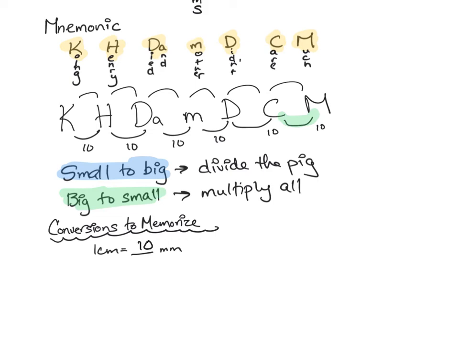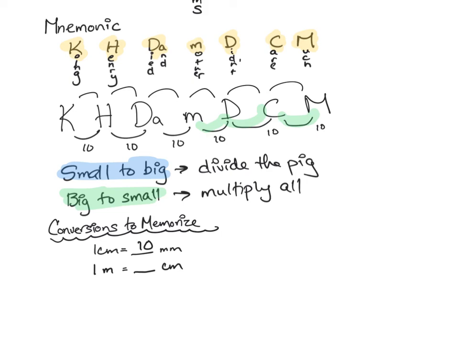If you have 1 meter and you're going to centimeters, okay, you're going from a meter, which is big, to a smaller unit, and you are going 1, 2 hops.